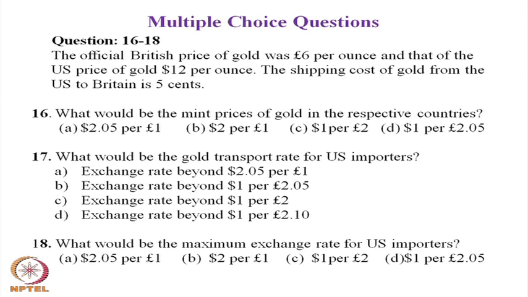Answer to question number 16 is A, $2.05 per pound sterling, B, $2 per pound sterling, C, $1 per 2 pound sterling, D, $1 per $2.05 pound sterling.